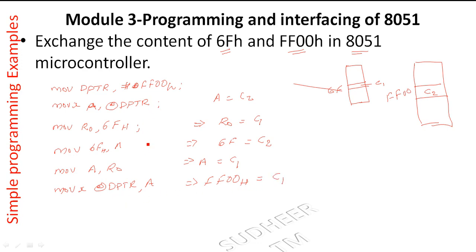So after all these instructions, memory location 6F will be C2 and memory location F000 will be C1. That is the exchange of the contents of 6F and F000H.